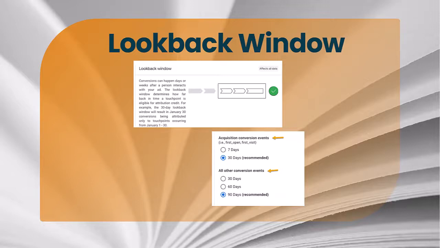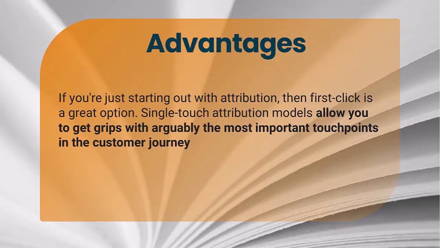Now, the advantages of first click, if you're just starting out with attribution, then first click is a good option. Single touch attribution models allow you to get a grip with most important touch points in the customer journey. So sometimes that first touch point, if you have a solid landing page or a very robust call to action, that first click attribution can assign a strong return on ad spend for that first click attribution.